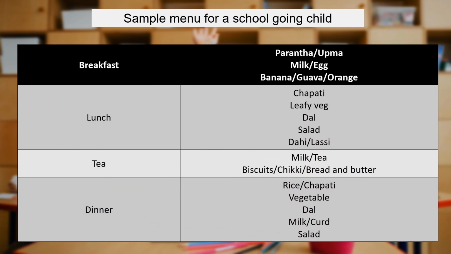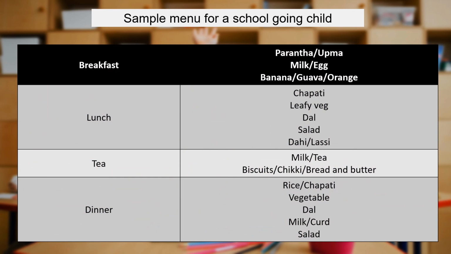The breakfast could consist of a cereal product such as a paratha or upma or bread or dalia with milk or egg or sprouts, and a fruit being included in the breakfast. Lunch could have a cereal like chapati, rice.